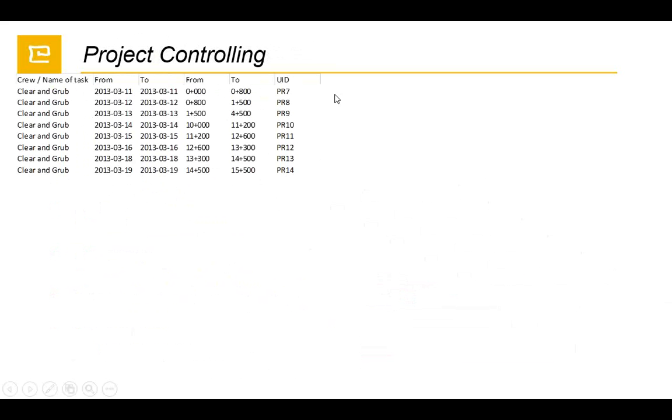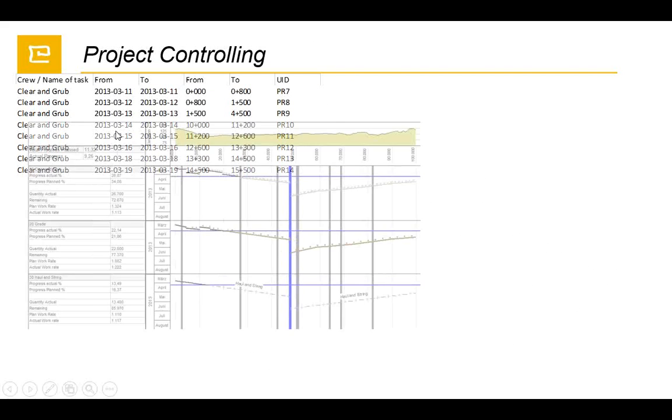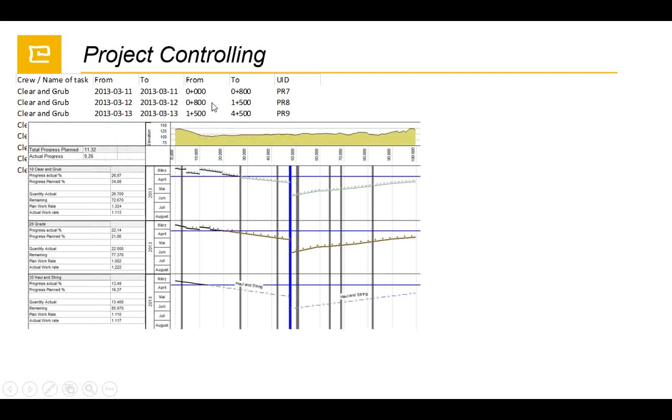There is the unique ID, of course. We can put more comments from the site, which I am going to show in a moment as well. And when we imported these values into the system, how is it showing? This clearing and grubbing part is giving us information. The black highlighted parts mean that the works are completed in this area.